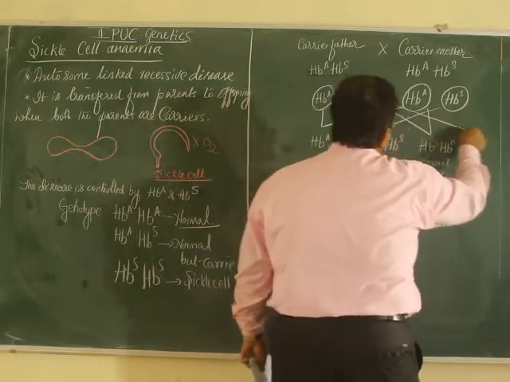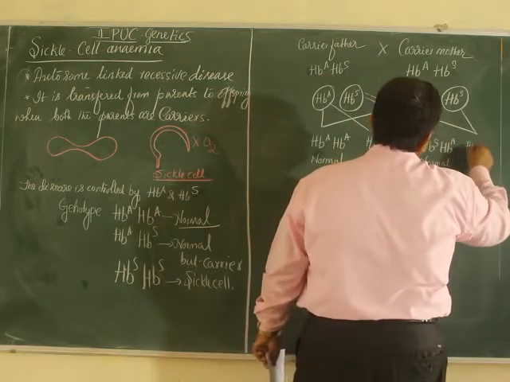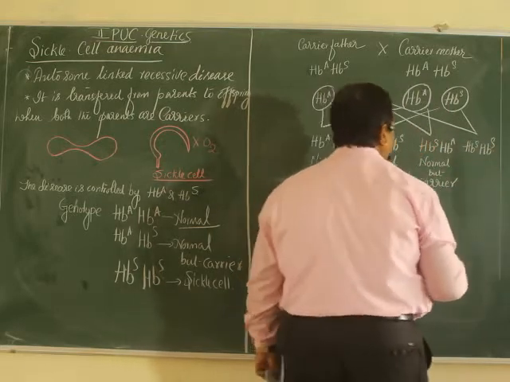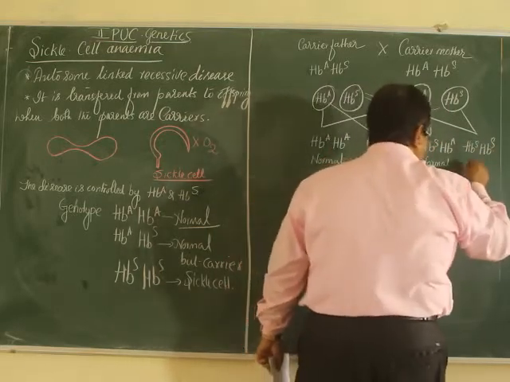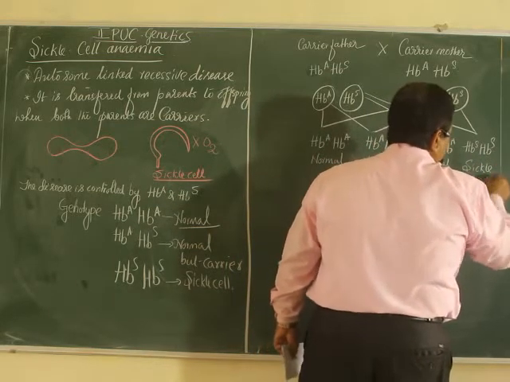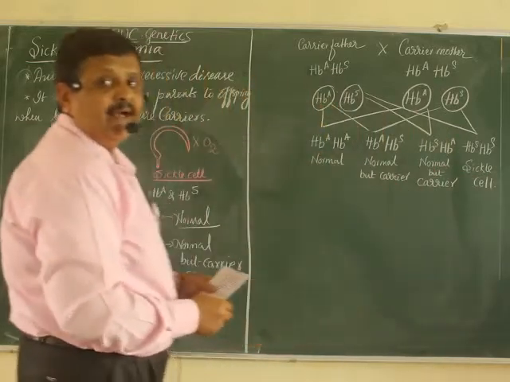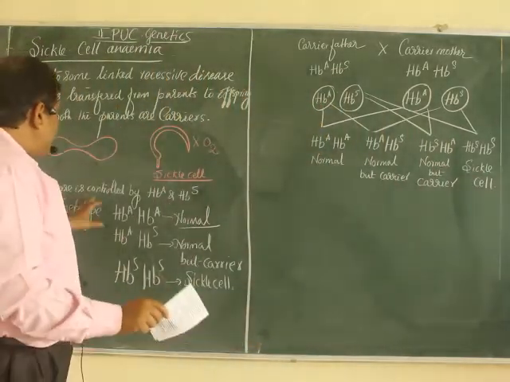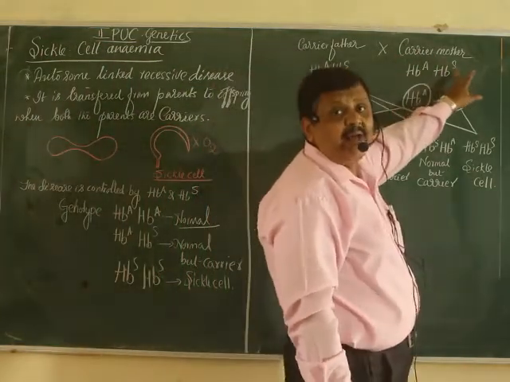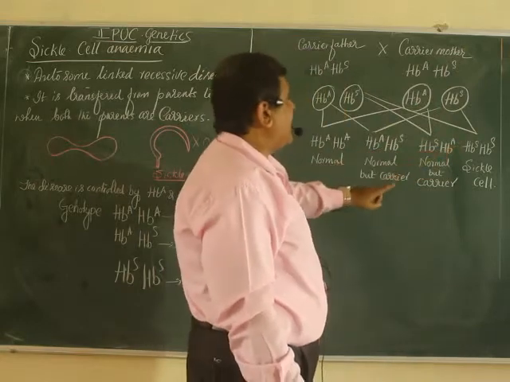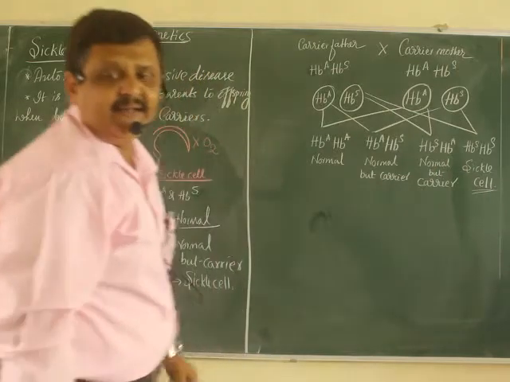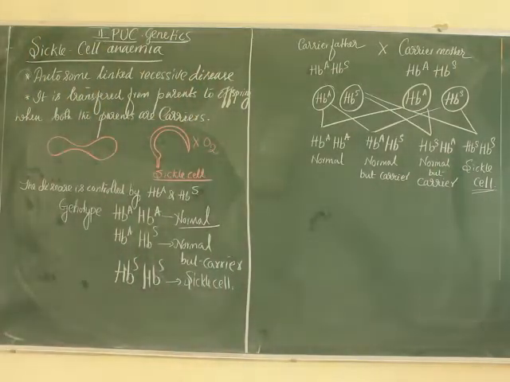Then HBS, HBS: will be affected, sickle cell. So what they are saying is correct. Now you can understand. When both the parents are carriers, there is a possibility of getting a sickle cell child.